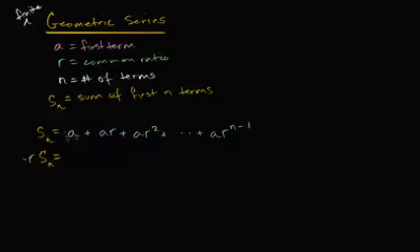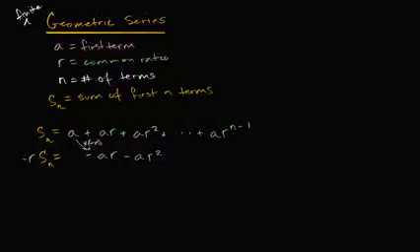So if I multiply it times this term, a times negative r, that's going to be negative ar. Then if I multiply ar times negative r, that's going to be negative ar squared. You might see where this is going. And just to be clear what's going on, that's that term times negative r.